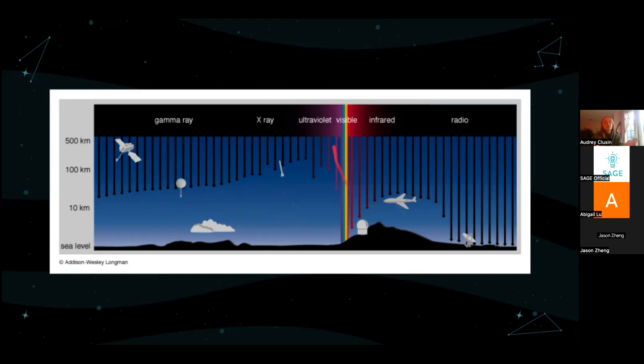We can, of course, still see visible light. This is what the types of telescopes I just talked about are really good for. You can also see a little bit of infrared light and also radio waves, but you can't see that much infrared or microwave light. And you also can't see gamma ray, ultraviolet as much, or X-rays.